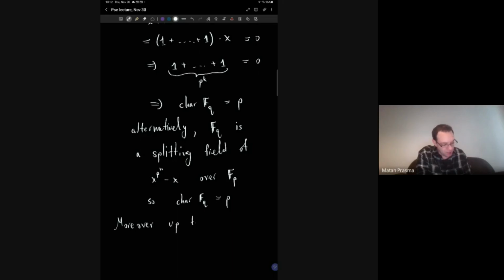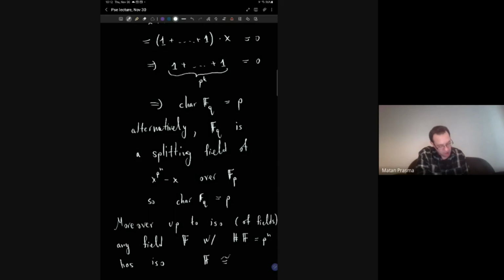So up to isomorphism of fields, any field F with p to the n elements has an isomorphism of fields between F and FQ.